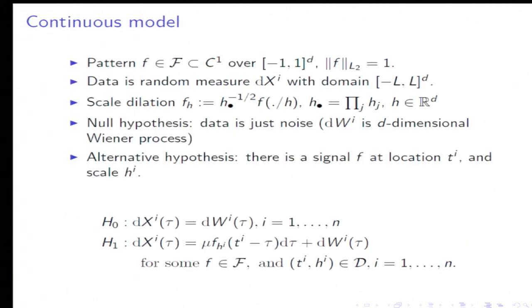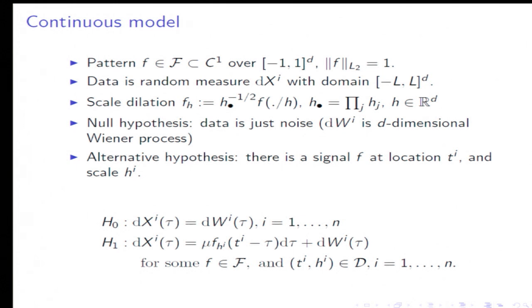We're going to assume a continuous model, mostly for mathematical convenience. Before we were talking about images with discrete pixels; now we're going to think of this as a continuous domain.